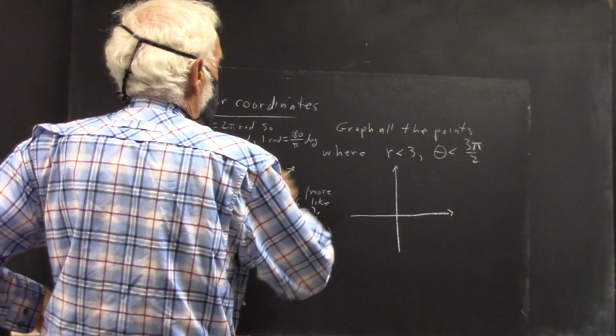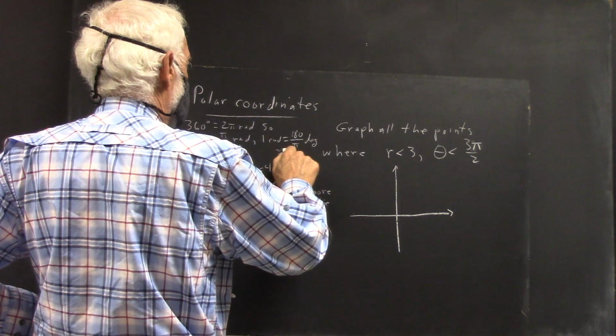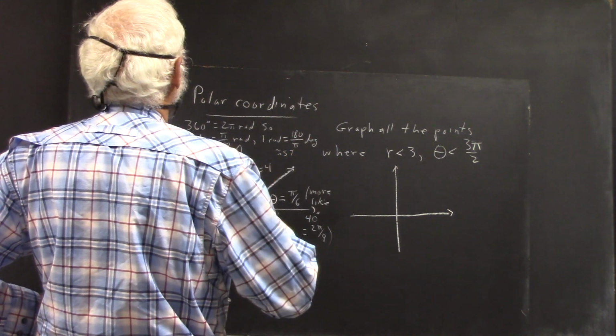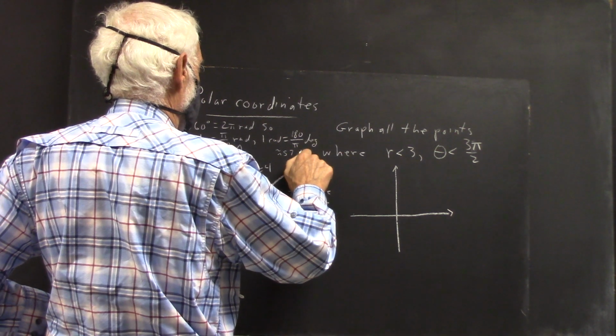And 1 radian is 180 over pi degrees, which is approximately 57.1 or 57.3 degrees. I'm just going to say 57 degrees.